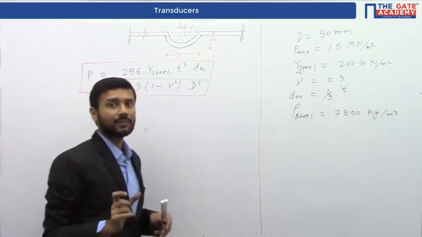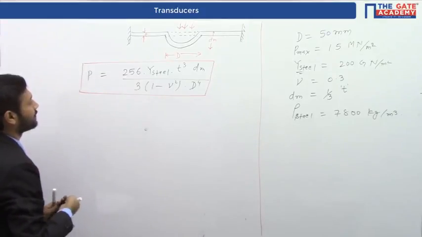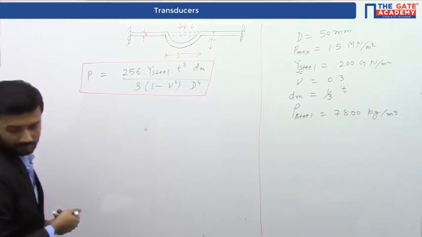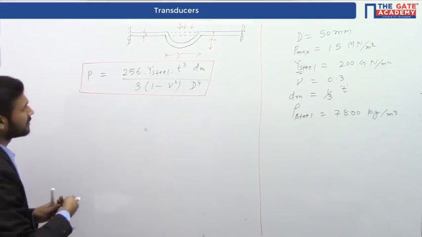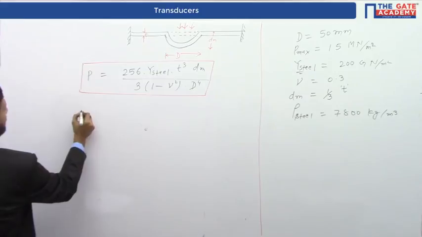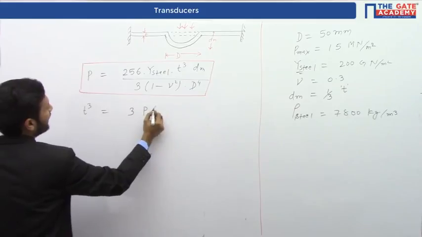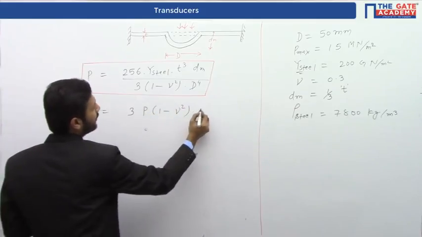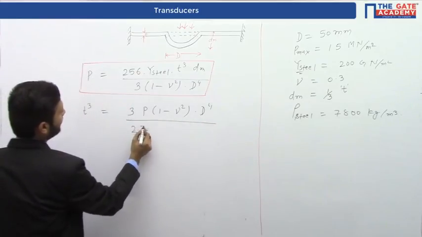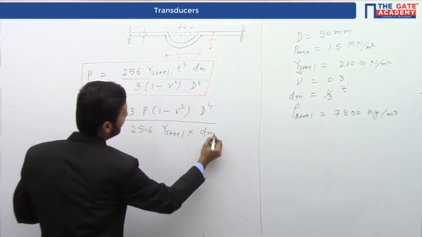So we have to find the thickness of the diaphragm. We can write this thickness t cubed equals 3 into P into (1 minus v squared) into D to the power 4, divided by 256 into Y of the steel into dm.